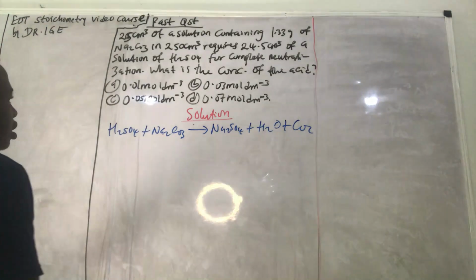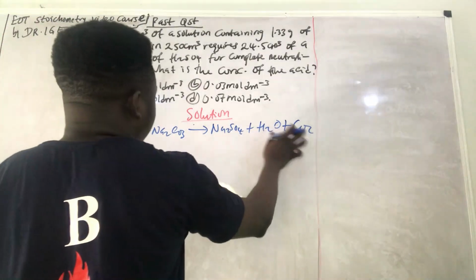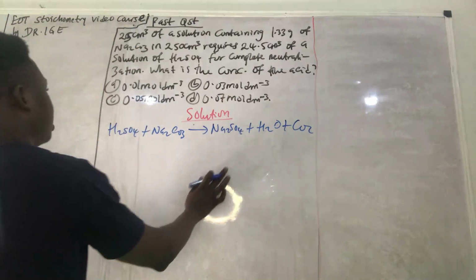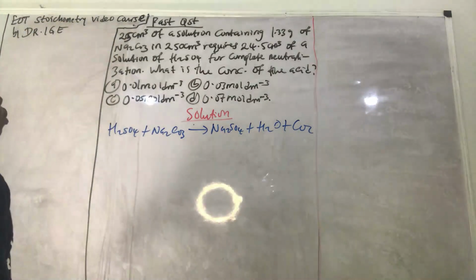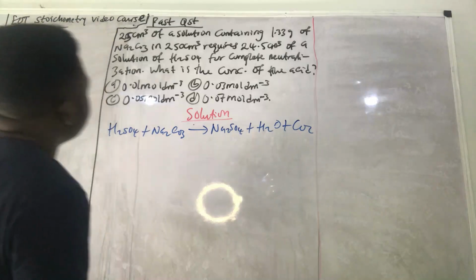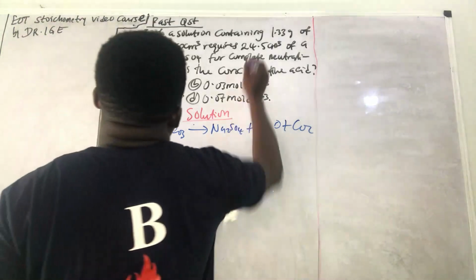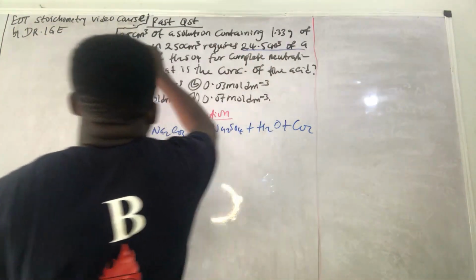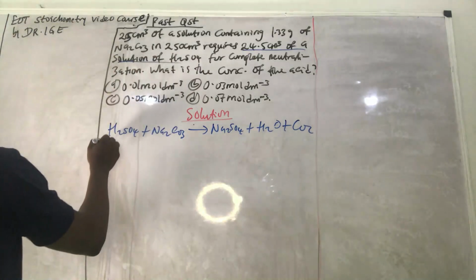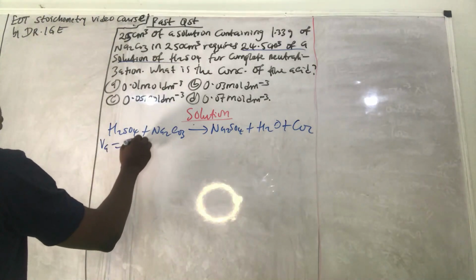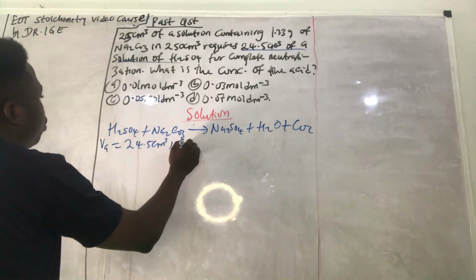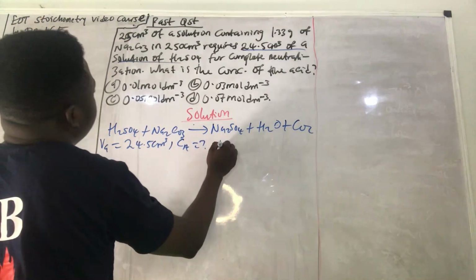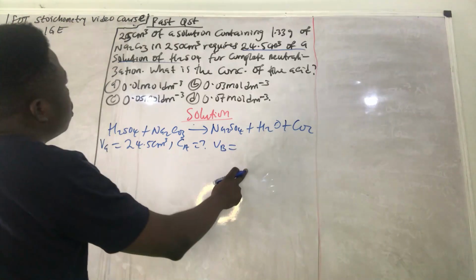Let's see, is everything balanced? Yes, everything is balanced. Now, what are we given in the question? This 24.5 is the volume of the acid. So the volume of the acid is 24.5 cm cube, and we are looking for the concentration of the acid.